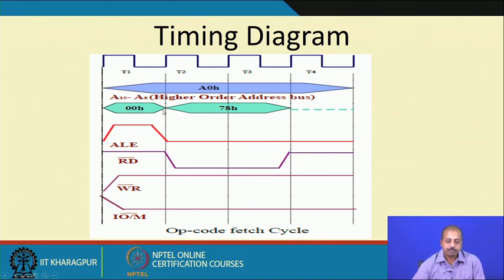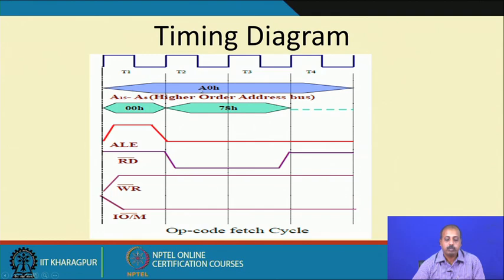After that ALE becomes low, so from this point onwards the lower order address bus content is not meaningful, because ALE has gone low. The latch already has the value 00.